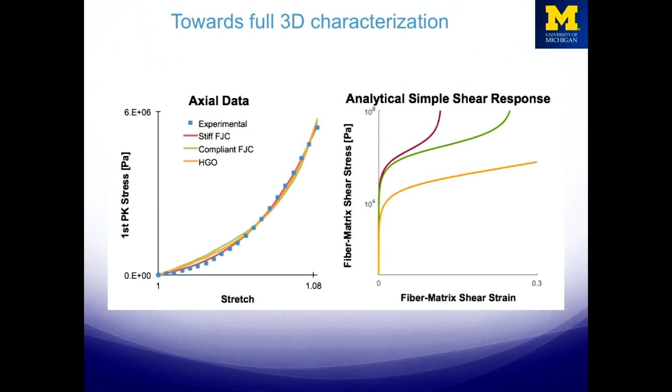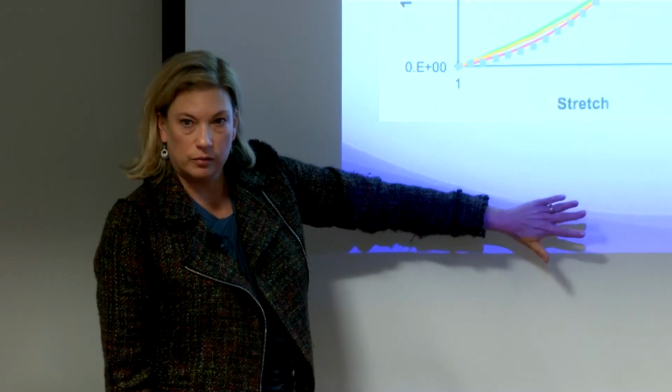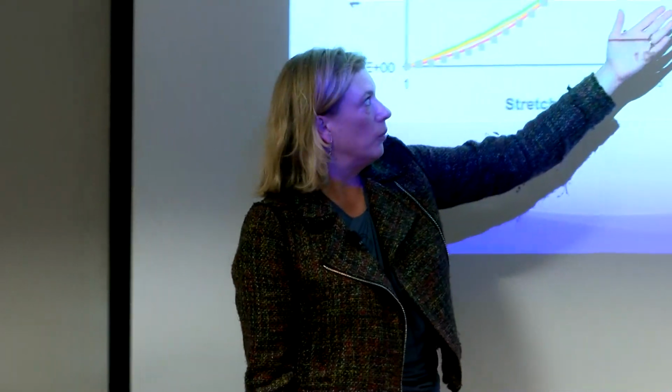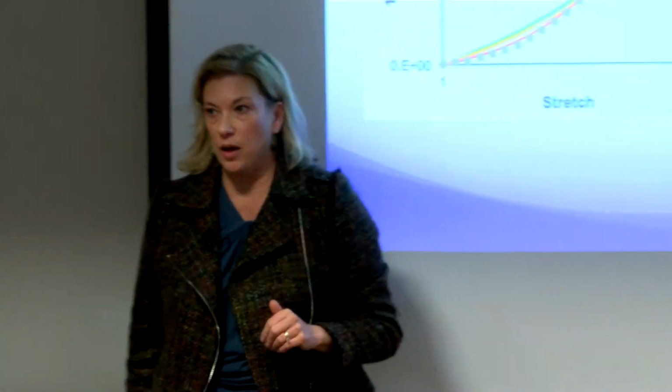Okay. Also, in some cases, we have a little bit of transverse data. So instead of pulling normal or parallel to the fibers, turn the tissue sideways and pull on it that way, get some transverse data. We could fit these models equally well to the axial and transverse data, and then just simulate shear, and we get completely different responses.